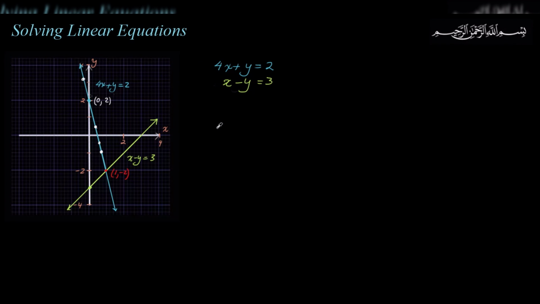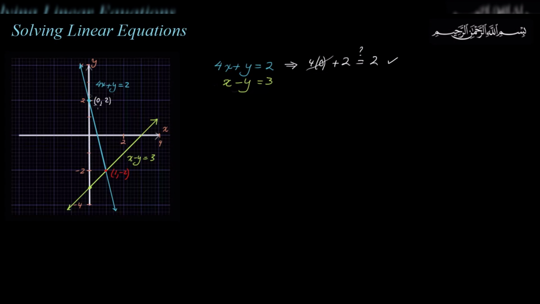So let's try at least this one point and substitute it in the blue equation and see what happens. That's 4 times 0, plus y which is 2, and the question is, is that equal to 2? Well, 4 times 0 is 0 last time I checked, and indeed 2 is equal to 2, and that works out.